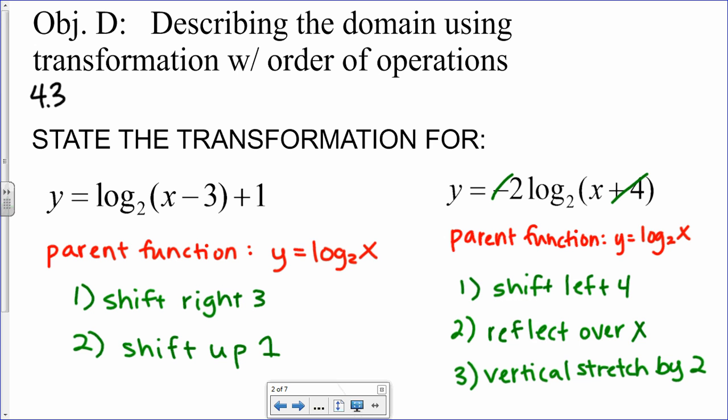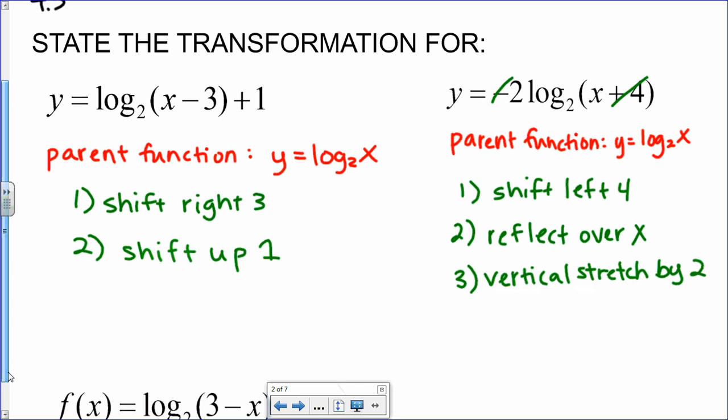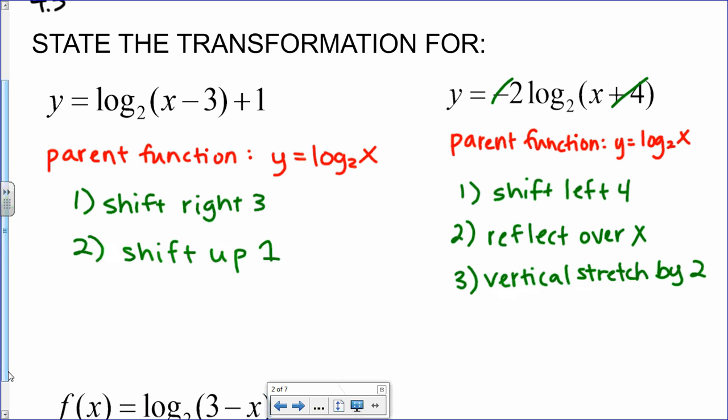Okay, let's look at the domain for this one. So let me just do a quick sketch so we can kind of understand the domain here.